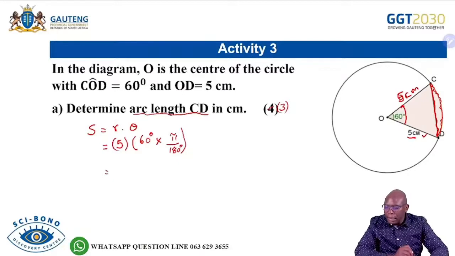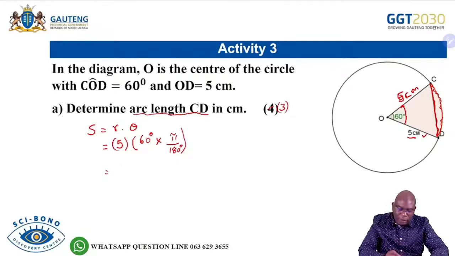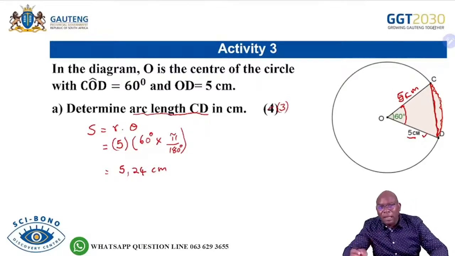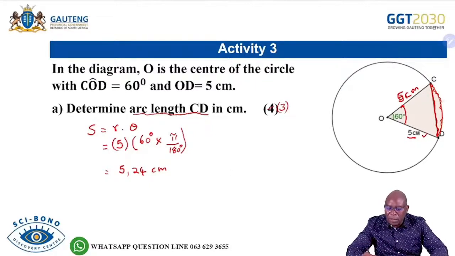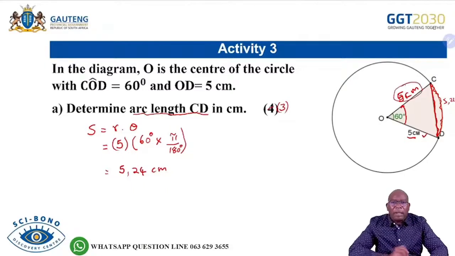My answer is going to be 5,24. Most of the time you'll realize that the arc length is bigger than the radius. So this arc length, 5,24, is longer than the radius.